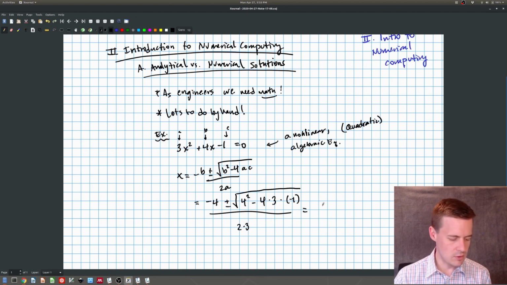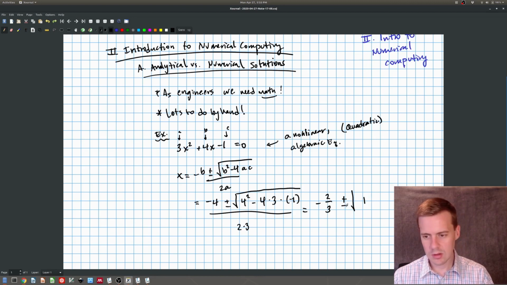Okay, and if you simplify that down, you get minus 4 divided by 2 is 2, so you get 2 divided by 3 out front, plus or minus the square root. There's a 4 and a 4, so that's going to factor out, and we'll get a 2 out front. That 2 and a 2 cancel. So we should have another third out here, so let me back that up. So we should have another third and a square root of 1 minus, that 4 came out, so we have 3 times negative 1.